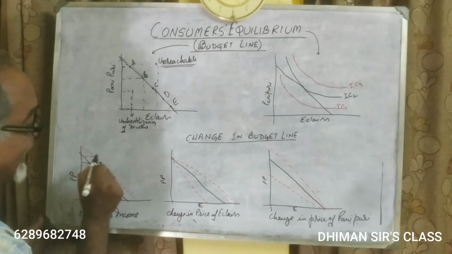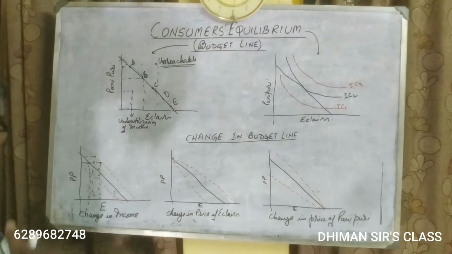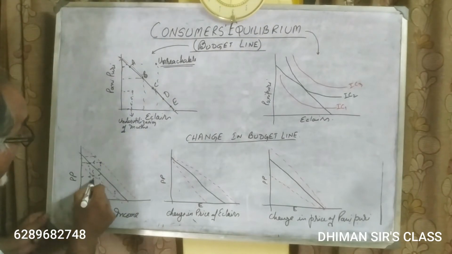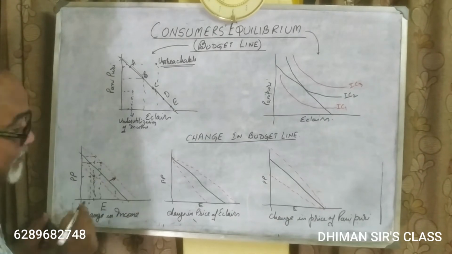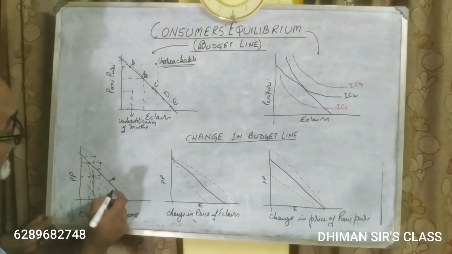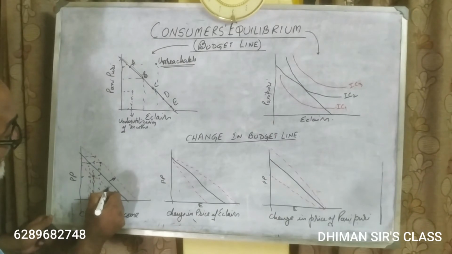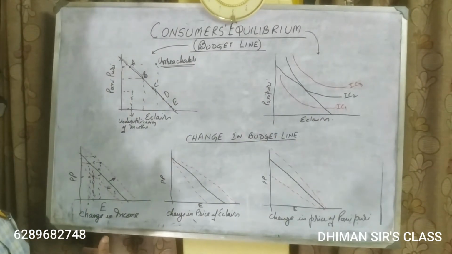My budget line will increase. Similarly, if my income decreases, I will come back to this point. That means if income increases, the budget line shifts to the right. If the income decreases, then the budget line shifts to the left.